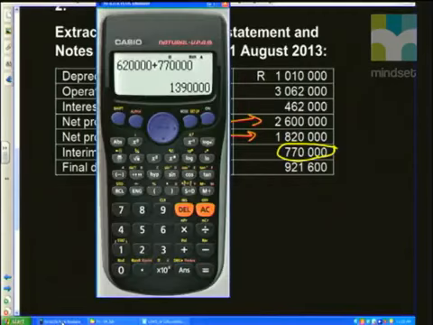Let's get to the 2,600,000. My net profit before tax minus 1,820,000. Have I got all my zeros there? 1,820,000, correct? To give me a figure of 780,000.